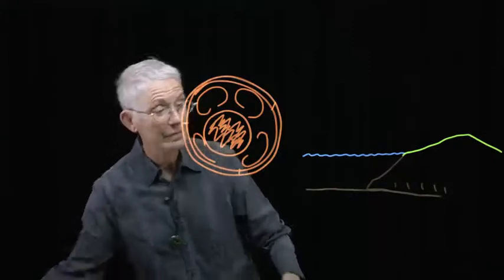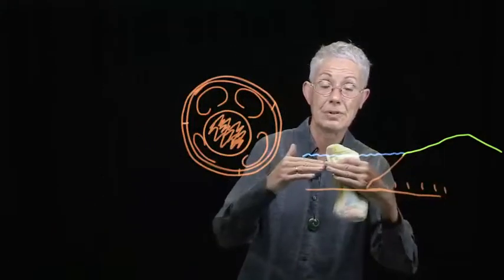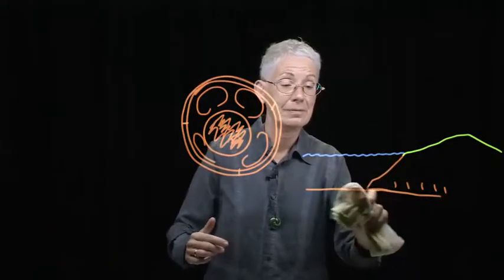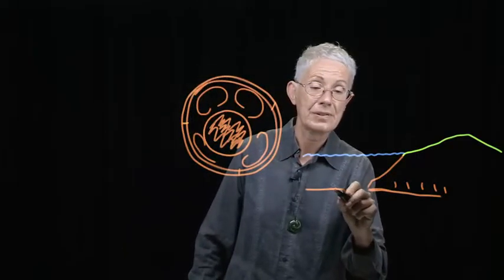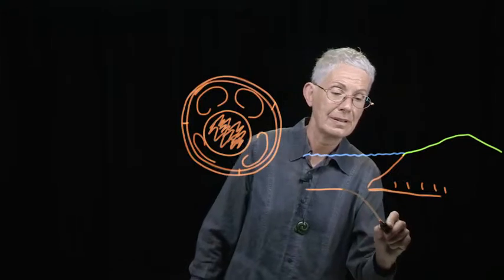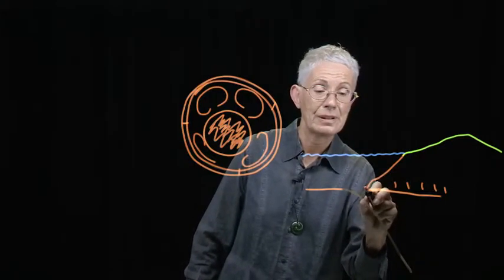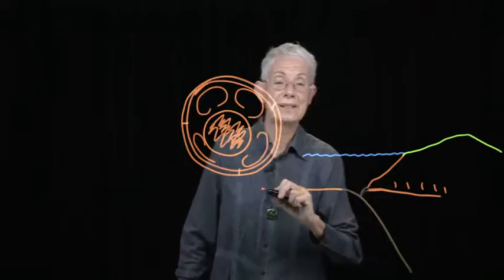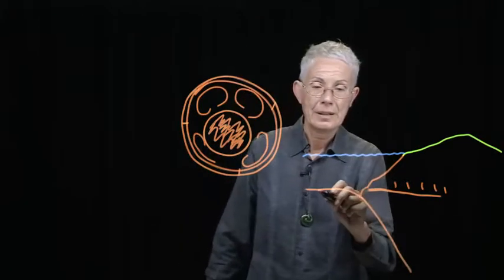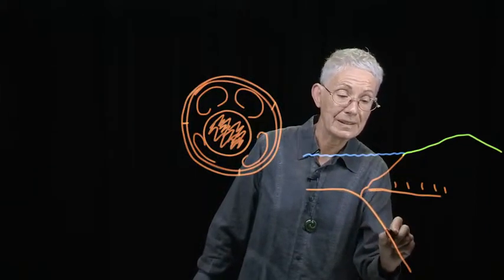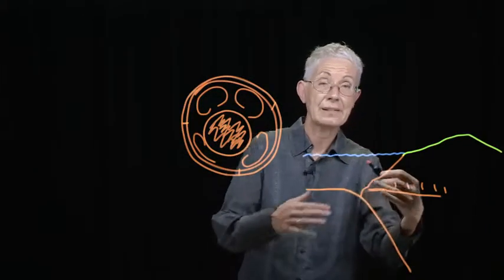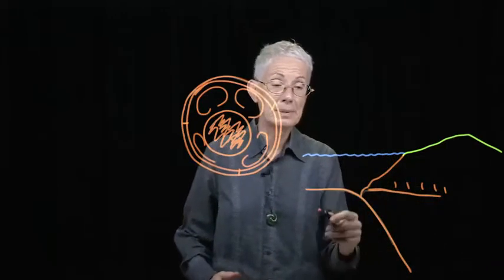So they cannot just bang. This goes under, and this folds a little bit like this. It moves by moving under, so the ocean plate moves under the continental plate.